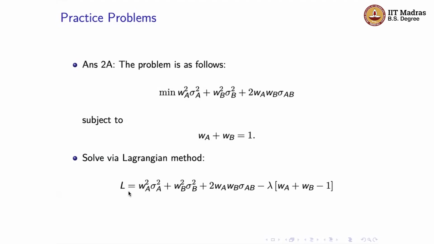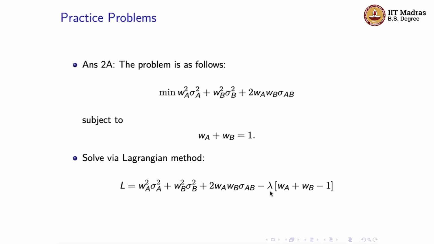The first step in the Lagrangian is to write down the Lagrangian, right? So how do we do that? The first step is to write down the objective function. The objective function is as we have here, so we just write that down. The second step is to incorporate the constraints.